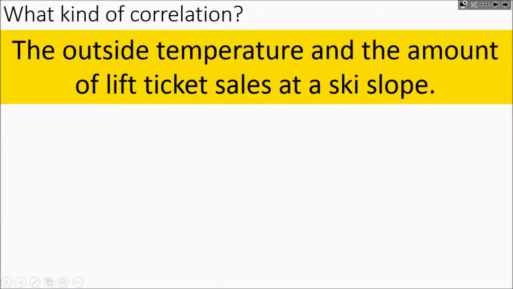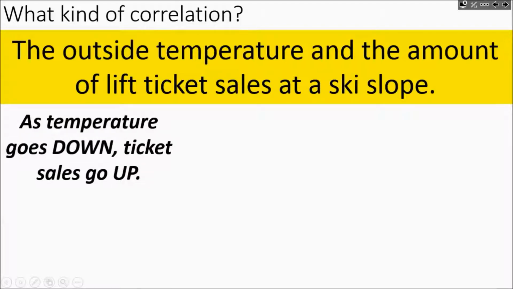So now we're going to talk about just different pieces of data and if there is a type of correlation. So the first one, the outside temperature and the amount of lift ticket sales at a ski slope. So if the temperature's pretty high, you're probably not going to sell tickets to go skiing. But if the temperature's low, you're going to sell a lot of tickets.